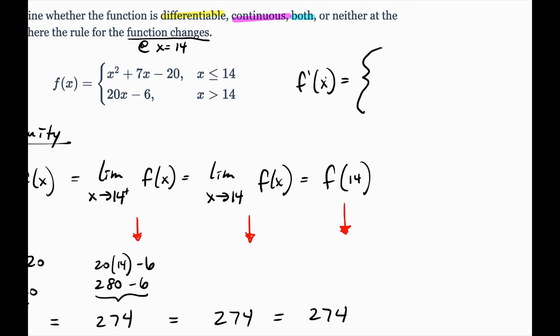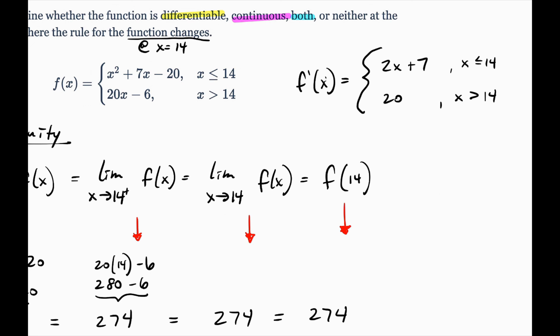Here at 14 and before, I'm going to find the derivative there. It's just a regular explicit equation, so it's 2x plus 7 when x is less than or equal to 14. And then the bottom one is just going to be 20 when x is greater than 14, right? That's the derivative.